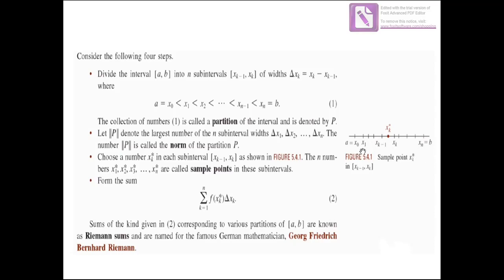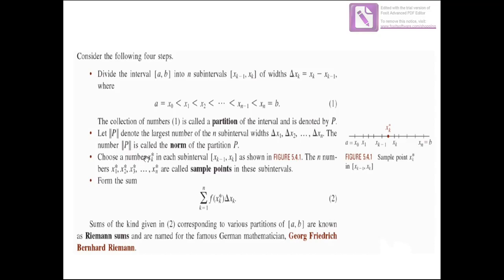So this partition, from x0 to x1, from x1 to x2, from x2 to x3, and so on, we call a partition. Let the norm of P denote the largest of the n subinterval widths delta x1, delta x2, up to delta xn.